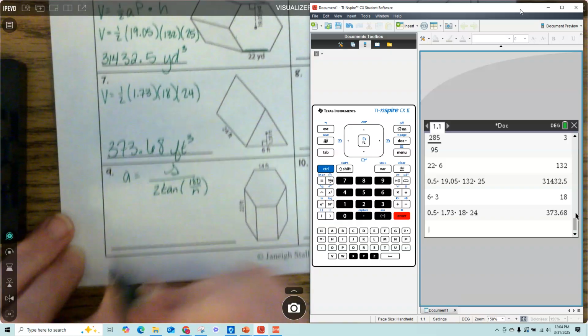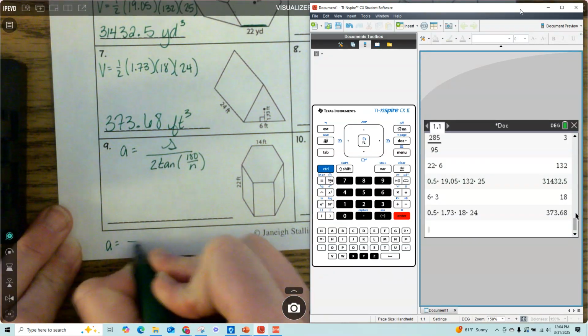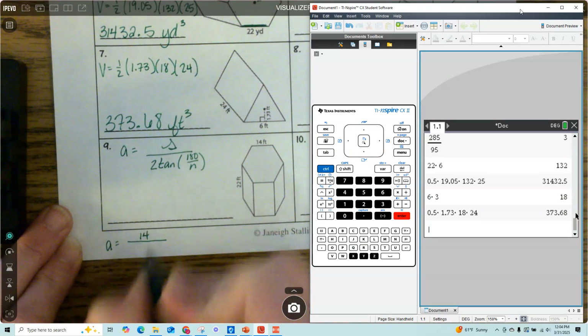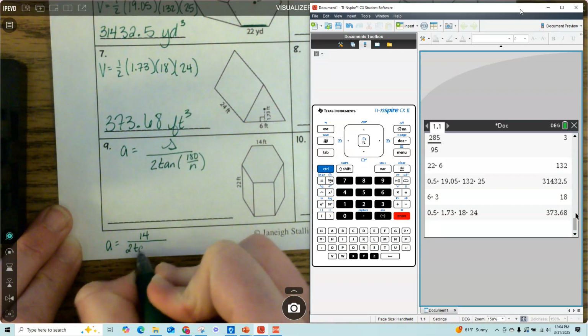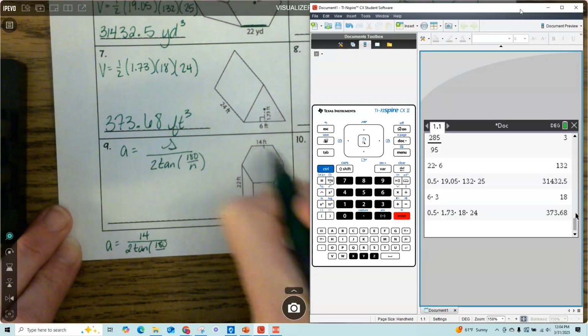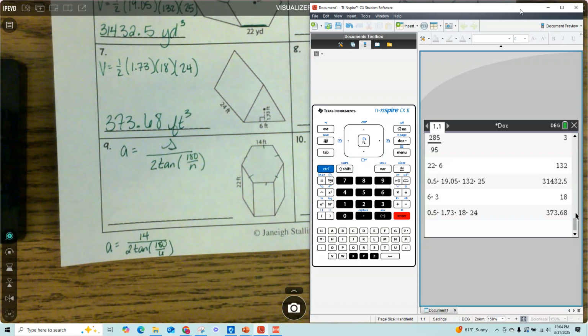So if I plug in here, I'm going to write it down here. A equals, all right, so the side length is 14, over 2 tan, and then 180 over number of sides, 1, 2, 3, 4, 5, 6. I'm not going to type that out, though.